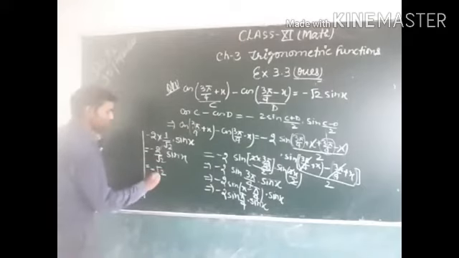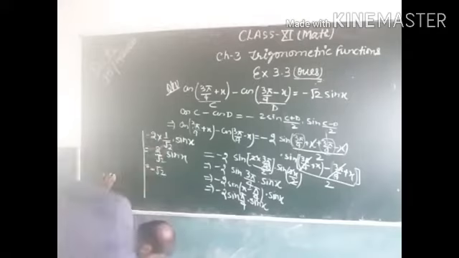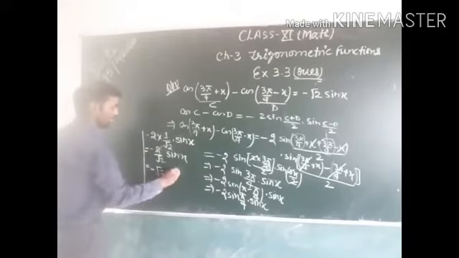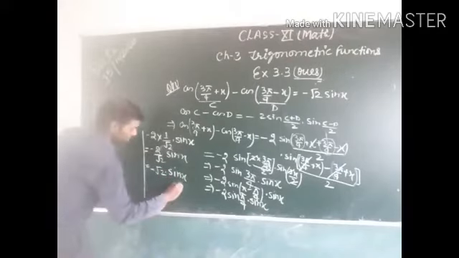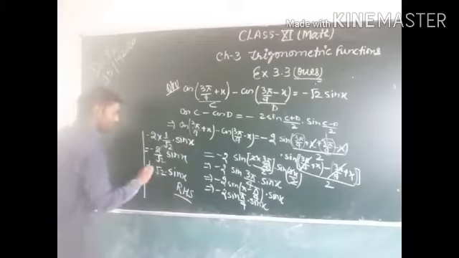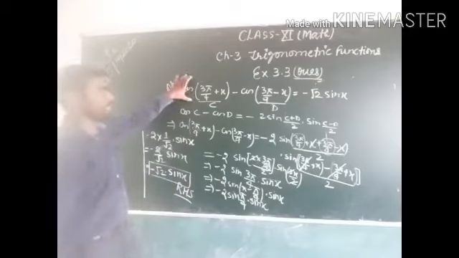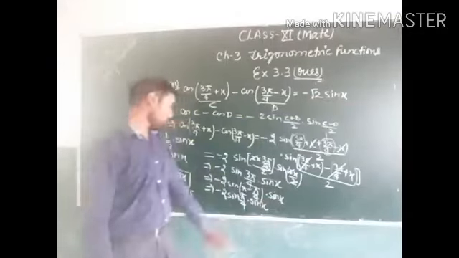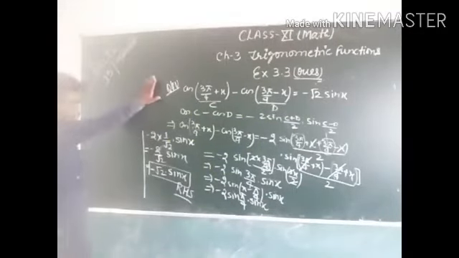It means minus 2 into sin x. So this is the right hand side. So we get the left hand side equal to the right hand side. So this is the complete explanation of question number 11. For further questions, please pause the video and note it down.